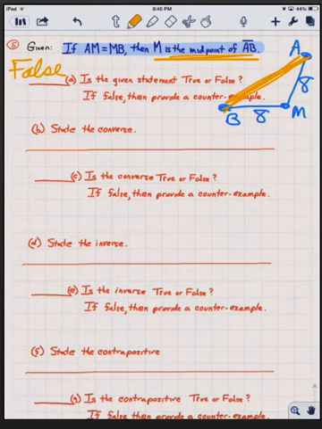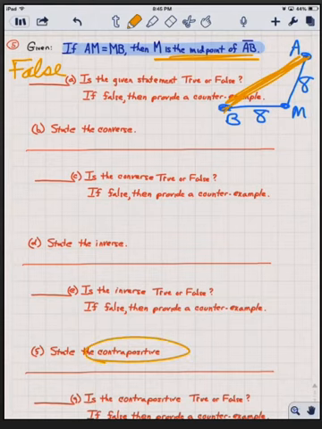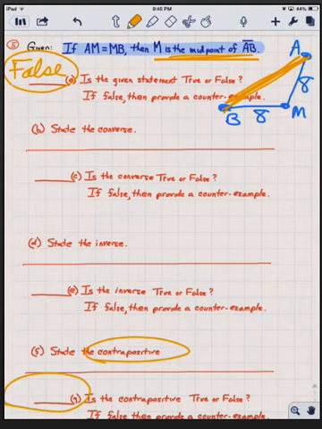Now, to continue on a set of problems like this, I like to then immediately state the true and false part to the contrapositive down the bottom in this case. The original statement and the contrapositive are always going to be logically equivalent. So if one is true, the other one has to be true. If one is false, the other one, in this case the contrapositive, has to be false.